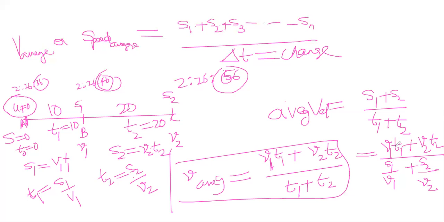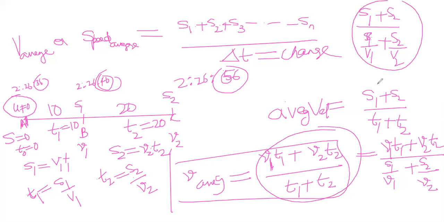We don't want T1, means we can change the whole formula without T. We can rewrite this simply as S1 by V1 plus S2 by V2. See, there is no time at all. This is a formula without time, and the other is a formula without displacement. Both formulas are one and the same, but their applications are different in different numericals. Is it understood?